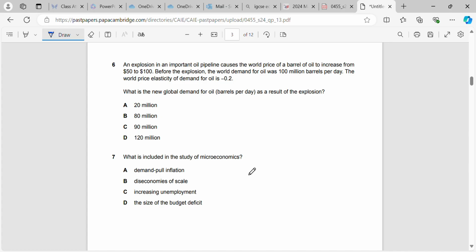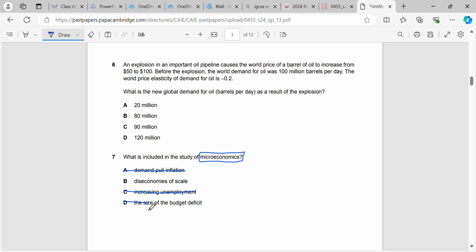Okay, question 7. What is included in the study of microeconomics? So remember, microeconomics is the study of the behavior of firms, individuals, and individual markets. So demand pull inflation, that is a macroeconomics topic. Increasing unemployment is a macroeconomic topic because they affect the whole economy.